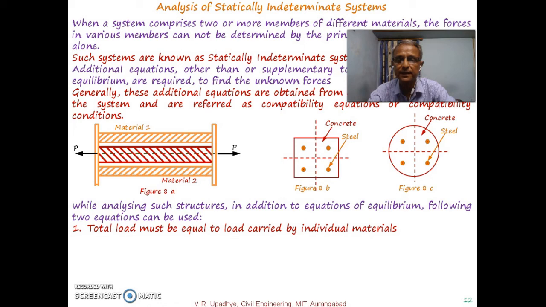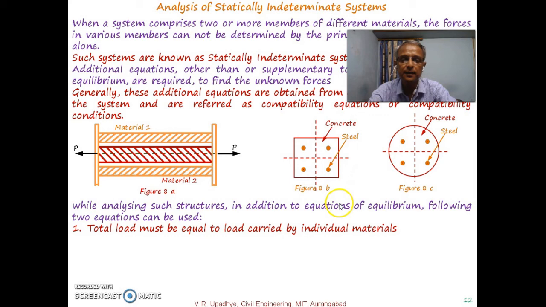So the first equation is: total load must be equal to the load carried by individual materials. Like what we have discussed, if this is a column and the column is constructed by concrete and reinforcement steel, then the total force will be taken up by concrete and steel together.